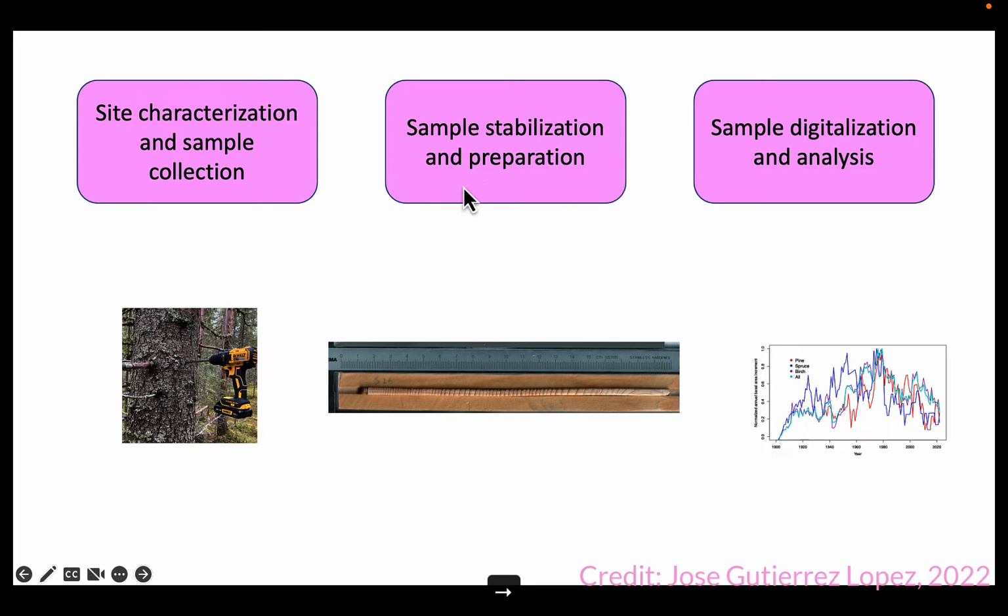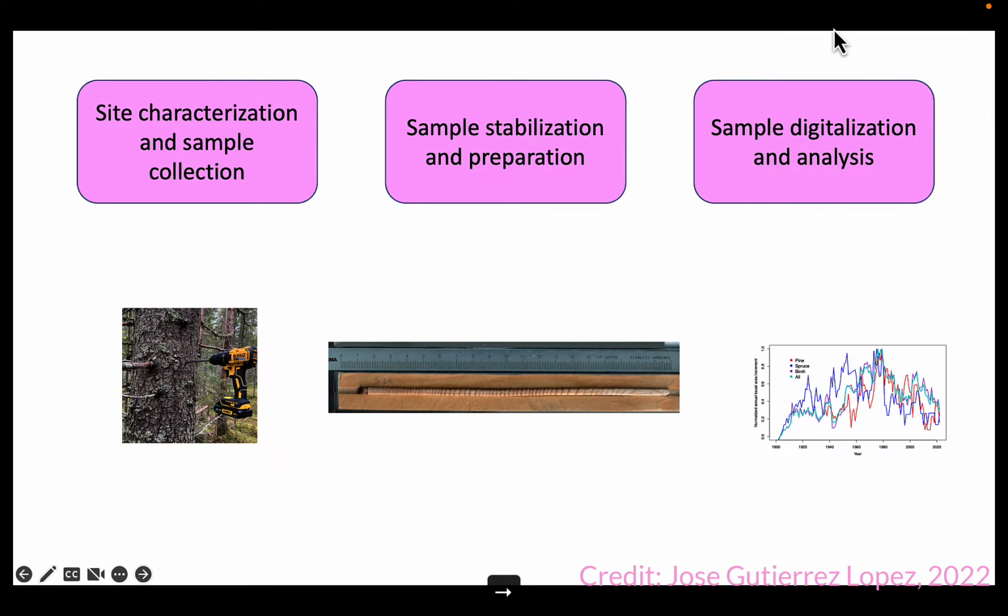For sample stabilization, we mounted the samples on these tree core holders. We sanded and glued them. They were sanded with, I guess we started with 240, I think. Then on some samples we moved all the way to 800 and then to 1000 on some of them.